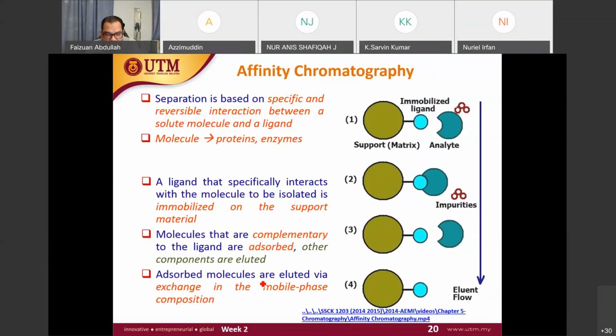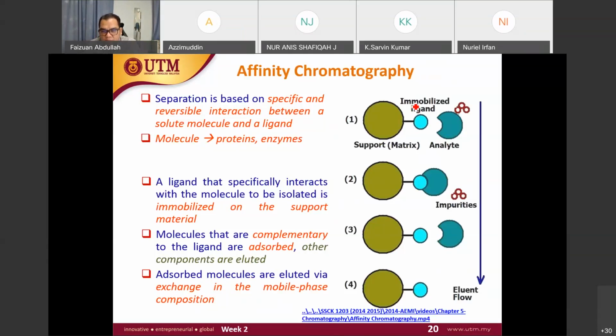Again, the adsorbed molecules can be eluted back, can be removed via exchange in the mobile phase composition. We can remove the analytes or the sample from the stationary phase. Remember the lock and key concept in proteins and enzymes. You learned that. So only certain proteins can attach to the enzyme.